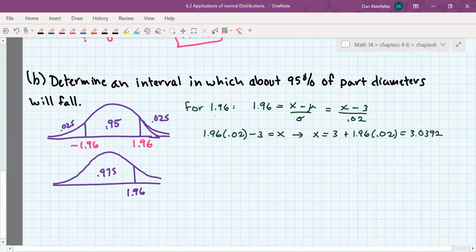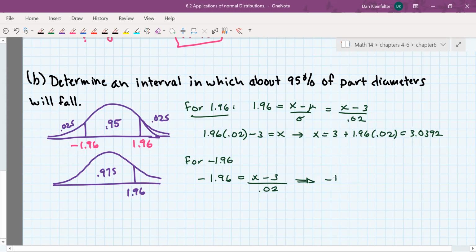Okay, so now we're going to try the same thing for negative 1.96 for the shorter engine parts. Negative 1.96 will be x minus mu over sigma. And then again, we'll solve that for x. I'll do it in a couple steps, sorry.